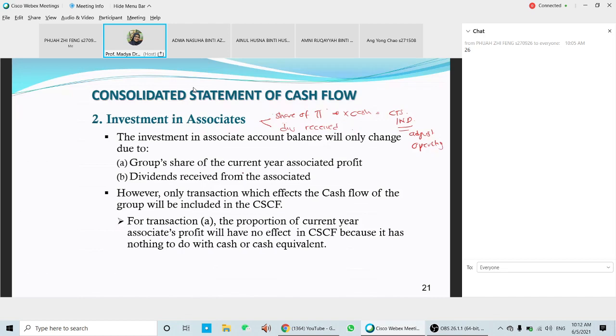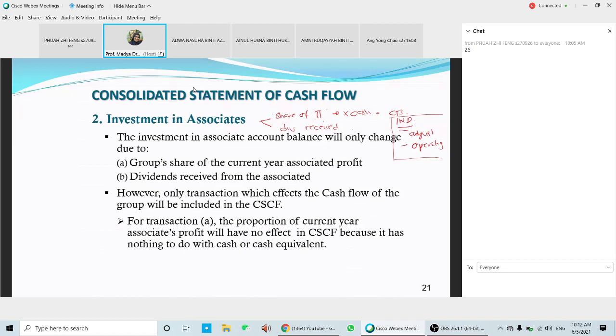Even though there is no effect on cash, if you prepare the cash flow using the indirect method, the share of profit needs to be subtracted, because when calculating the profit for the period, you already added the share of profit from the associate. Since no cash is involved, we need to subtract this.